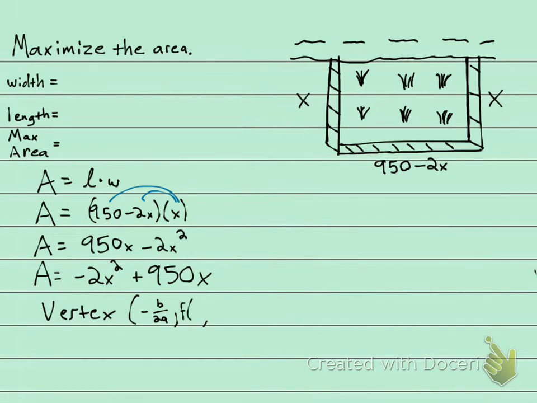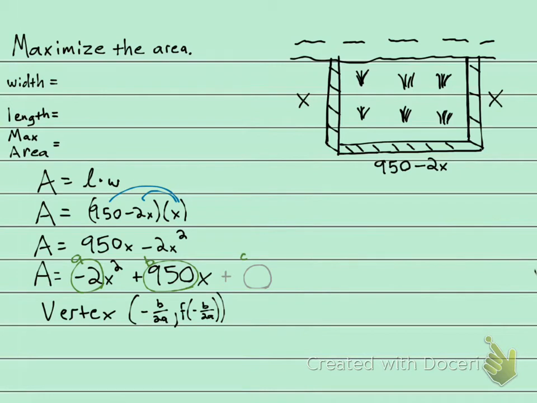I will plug in negative b over 2a. So I look above. I know that my leading coefficient is going to be my a. My next coefficient is going to be my b. And then c would be whatever's out here. And of course out there there's nothing, which is 0. So that would be my c, although I don't need it. So to find the first part of my vertex, all I need to do is negative b over 2a.